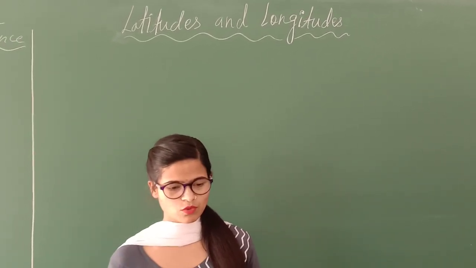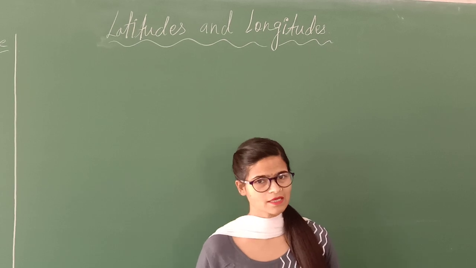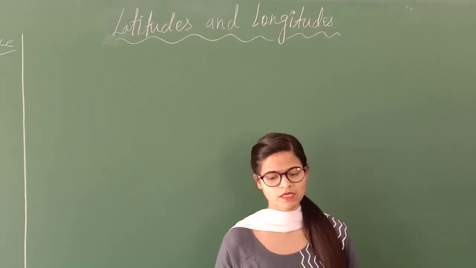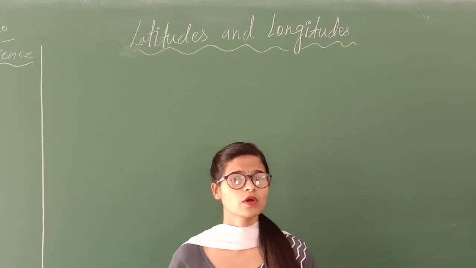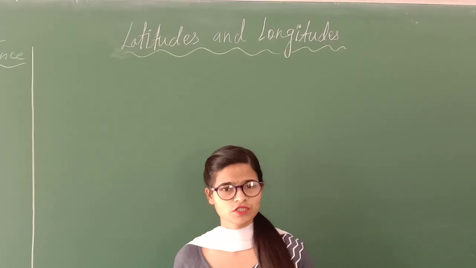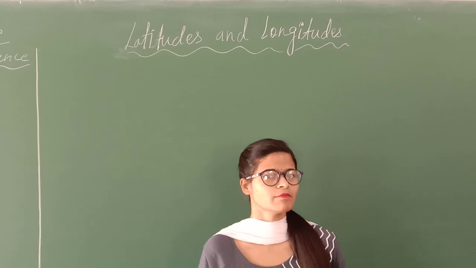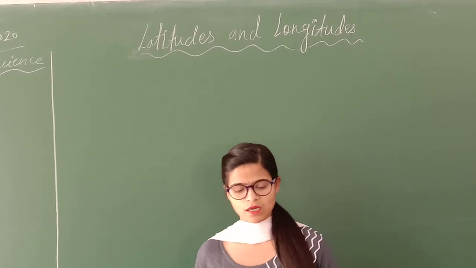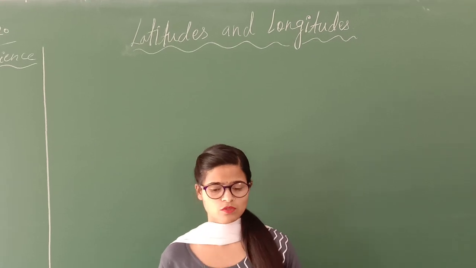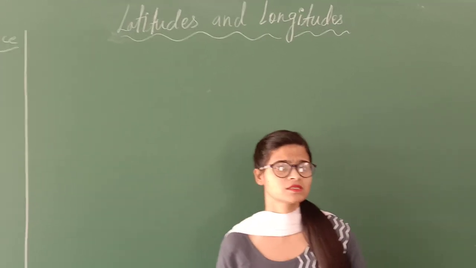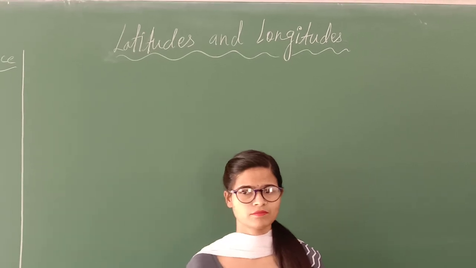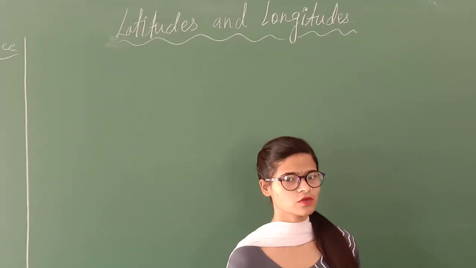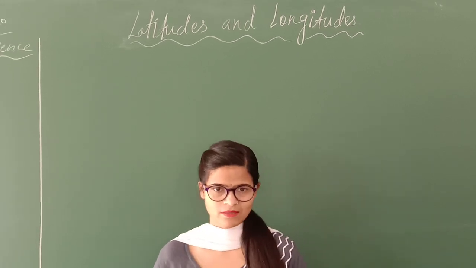The first question that comes to our mind is: suppose I am in Siwani, and I want to send the location of my place to somebody, how will I be able to tell them the location? For this, the earth is divided into different lines, which we call horizontal lines and vertical lines.